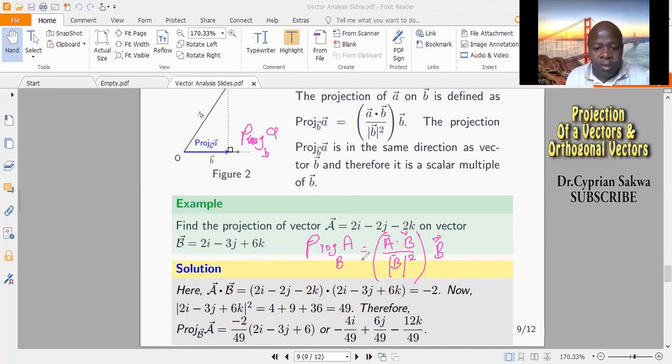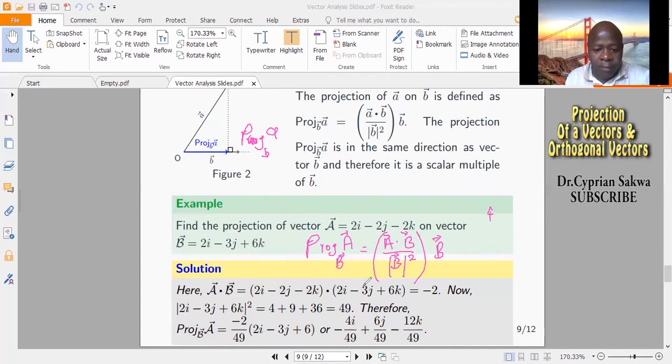Let me put the arrows above, because these are vectors. This is what we want to find: A dot B over the magnitude of B square times vector B. So what is A dot B? 2 times 2 is 4.